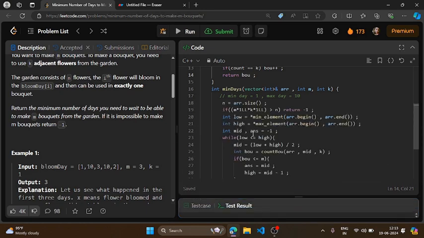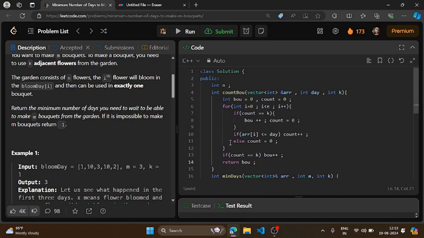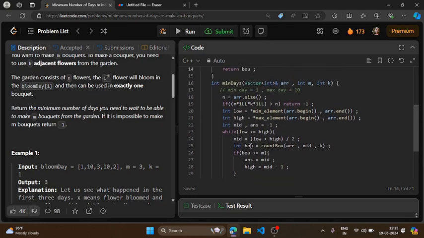I think something went wrong. Let me just check. This is all right. Okay, the array. Now here we were checking the number of days. Low is the minimum element and high is the maximum possible element. While low is less than or equal to high, I have to keep mid as low plus high by 2.